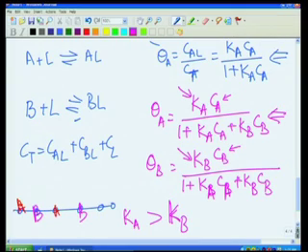That means the affinity of A for the catalytic site is much higher than the affinity of B. So, A adsorbs more compared to B.